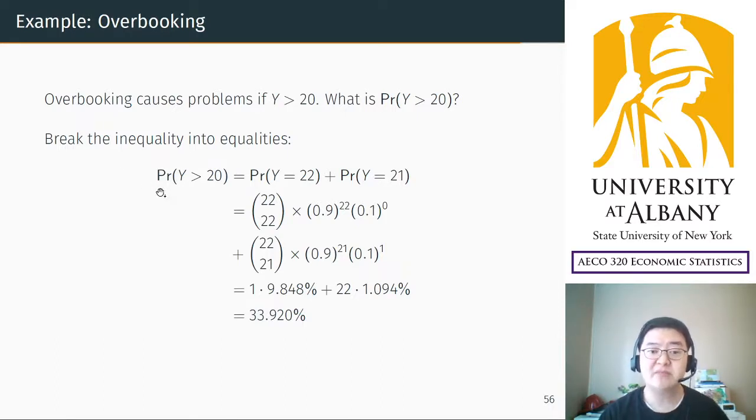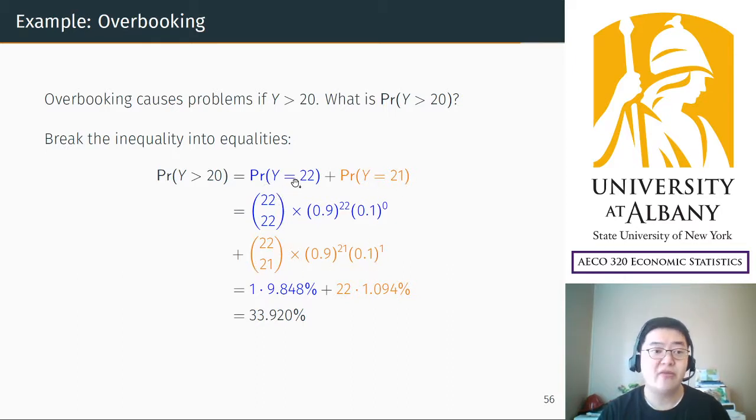So we are interested in the probability that the number of non-cancellations is greater than 20. Then you have to count the probability of 22 and the probability of 21. There are only two possible cases that satisfy this strict inequality, and you calculate the probability for 22 and 21 using the formula.